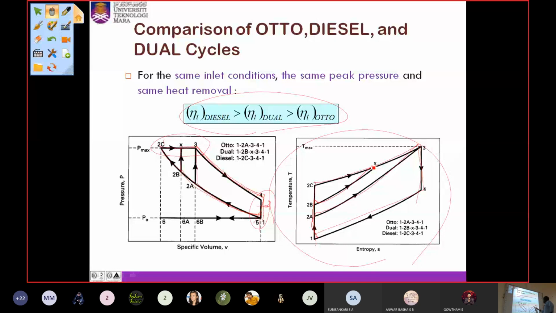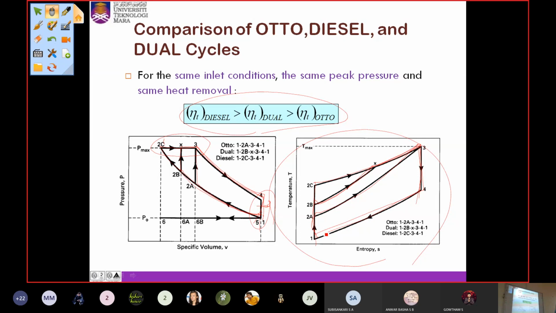Constant volume, then constant pressure, and again isentropic, then again constant volume. So we can compare for the condition of the same inlet and the same peak pressure and the same heat removal. The thermal efficiency order will be like this: diesel followed by dual, followed by auto.